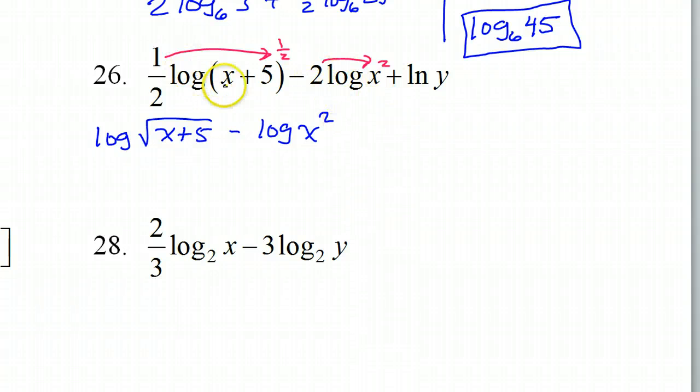They have to be the same base. So these are base 10. I can't have a base E in here. So this must be LOG. It must be log y. That was an error. In fact, it won't even be on your paper because I will have already fixed it. So there. Alright, so anyway, plus log y.